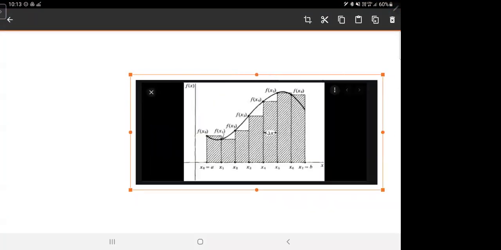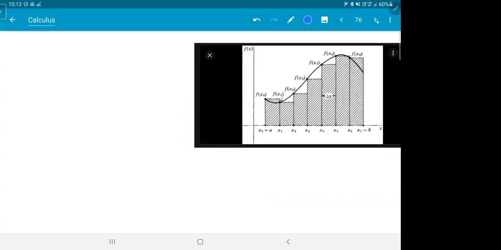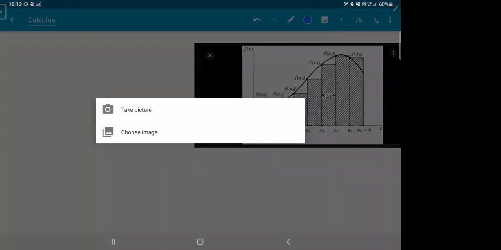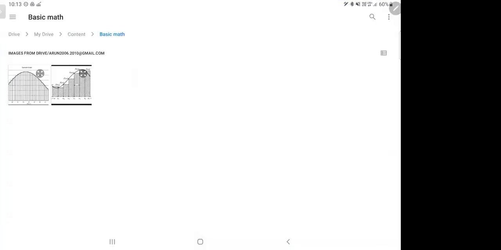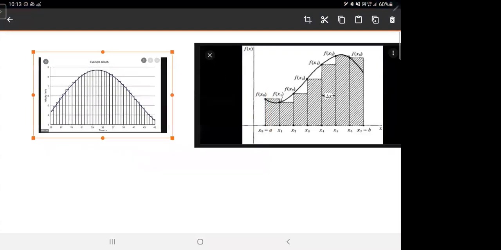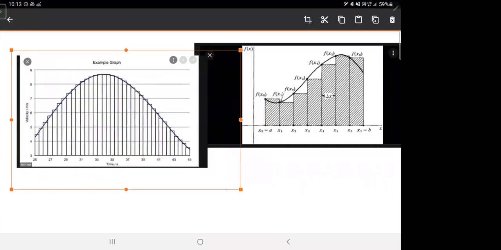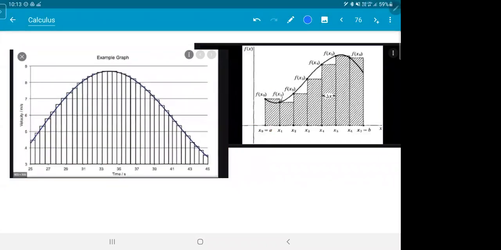This is what the computer draws. It treats the curve as small rectangles. This is what I was doing in the beginning. Able to see what we did?